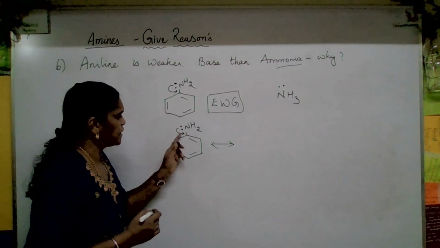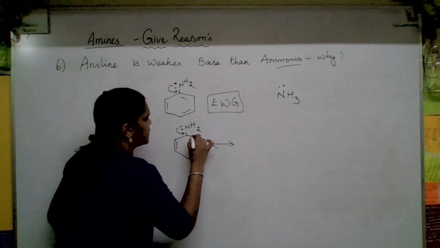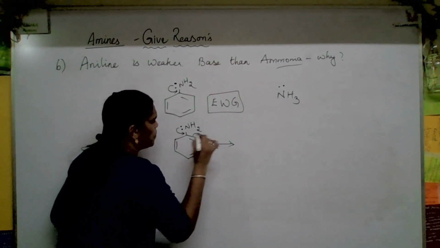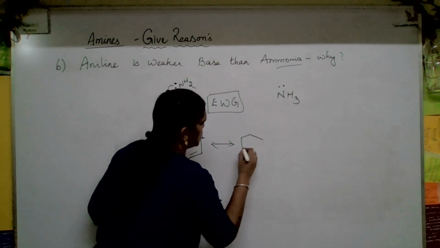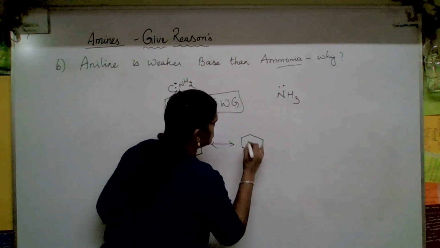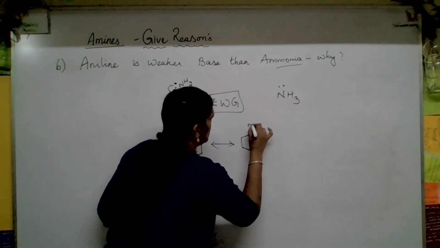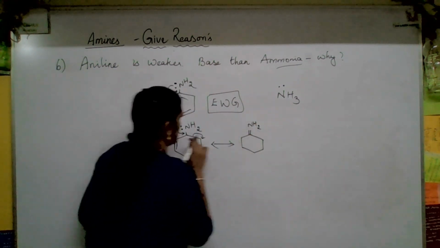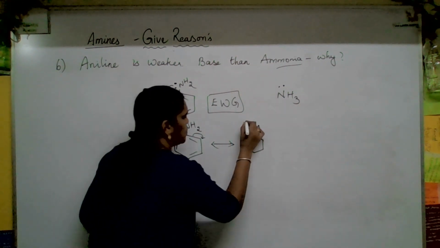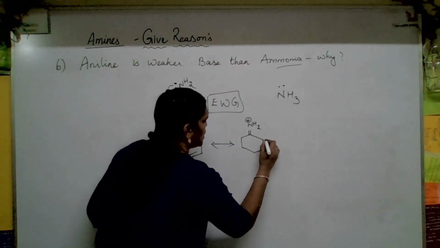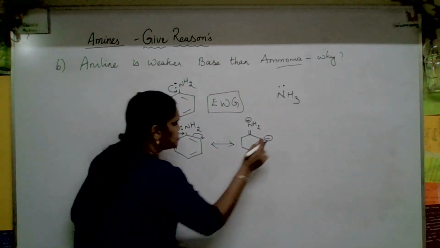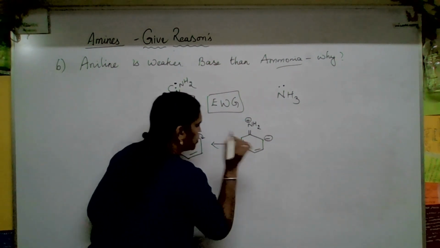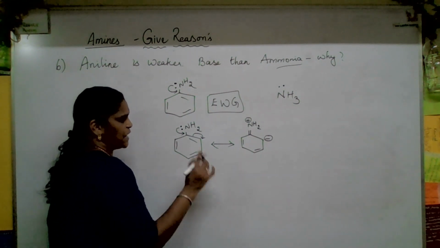The double bond shifts, and you will get a positive charge on the nitrogen, with a negative charge on the ring. So here you will get the second structure.